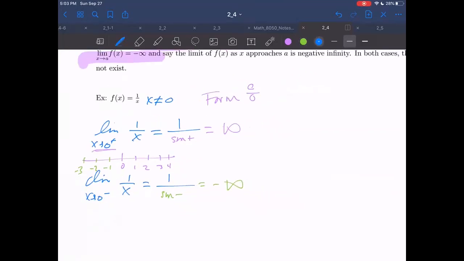We can see this if we graph it: as x approaches 0 from the right, our function goes off towards positive infinity, and as x approaches 0 from the left, it's going off towards negative infinity.